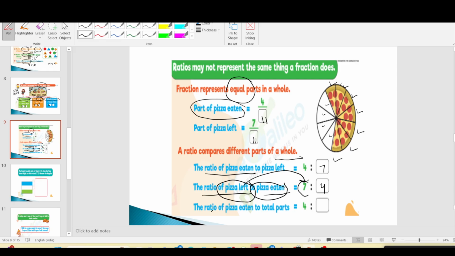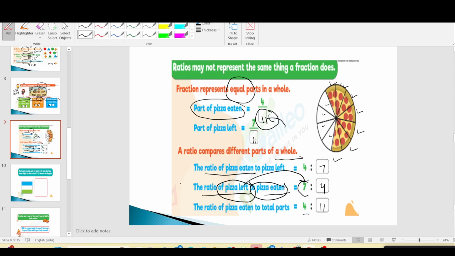So 4. Ratio of pizza eaten to total parts. So eaten is 4 and total parts are, wait, just check here in the denominator. This is representing total parts, right? That's 11, okay?